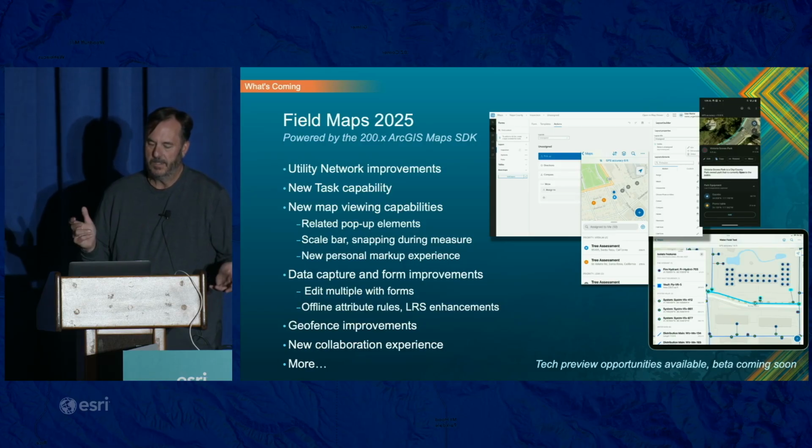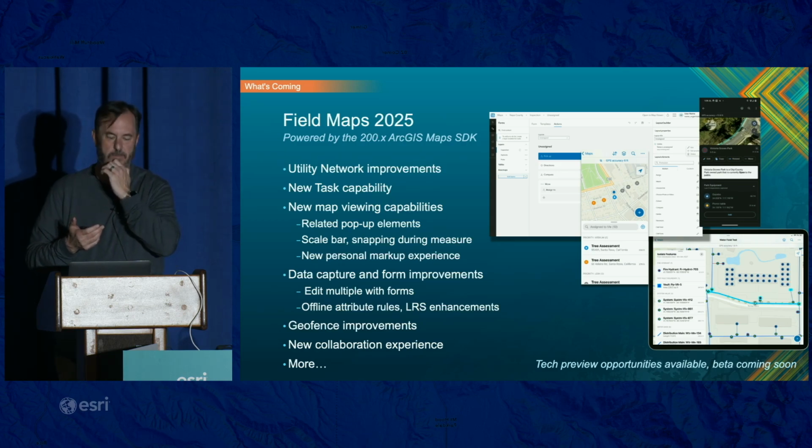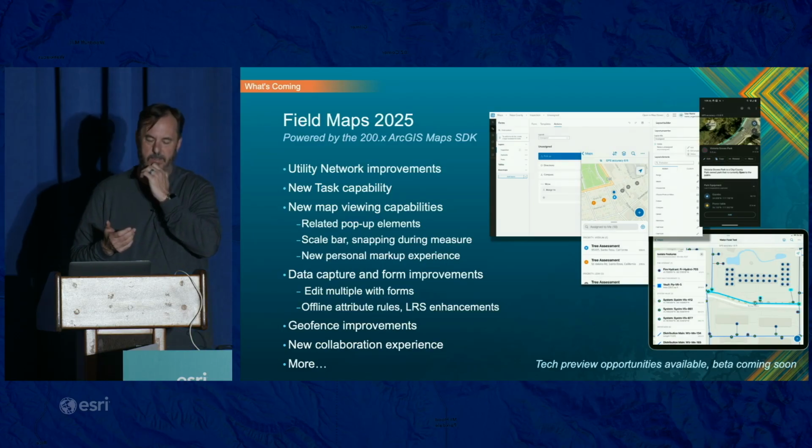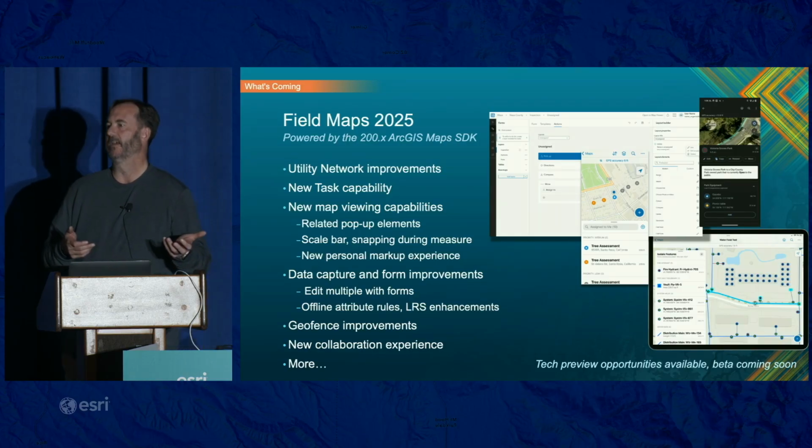On the data capture and form improvements, the biggest one there is the edit multiple tools supporting forms. Probably one of the top most requested features we have off the community site. I'll say that there's a lot of Arcade enhancements that are coming as well. I think we were on about 8 versions old of Arcade.